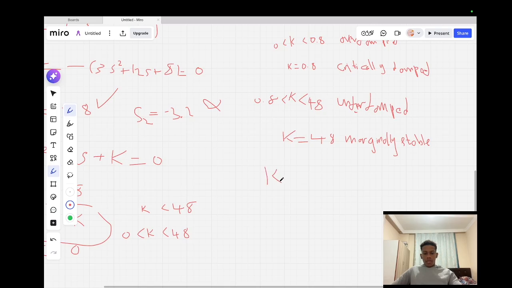And if K is bigger than 48, the system will be unstable.